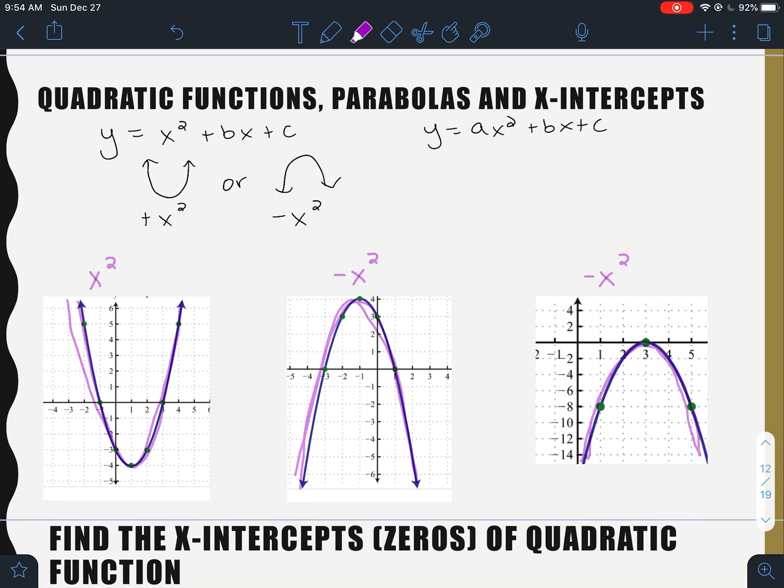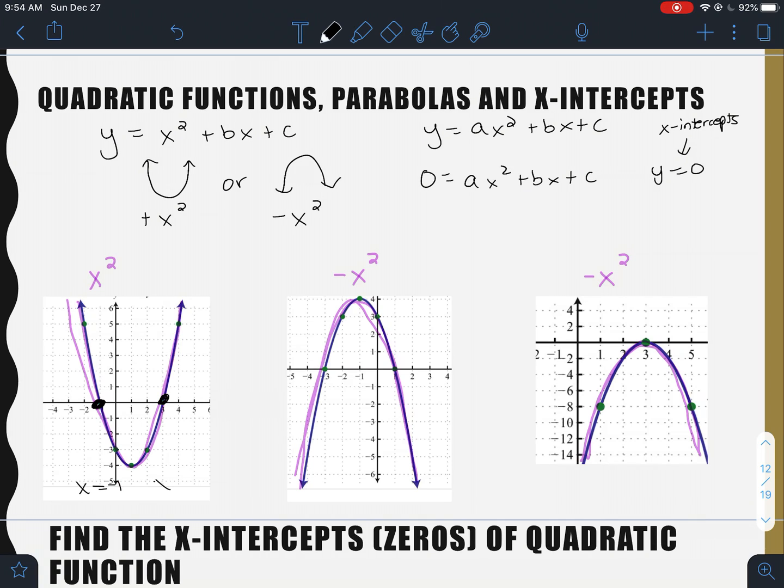Well, we've been factoring and solving. When we factor and solve, we're finding specific points on the parabola. We're finding when the y is equal to 0, right? So we're finding when 0 equals ax squared plus bx plus c. So we're finding when y is equal to 0. When you find when y is equal to 0, you're finding the x-intercepts on the graph.